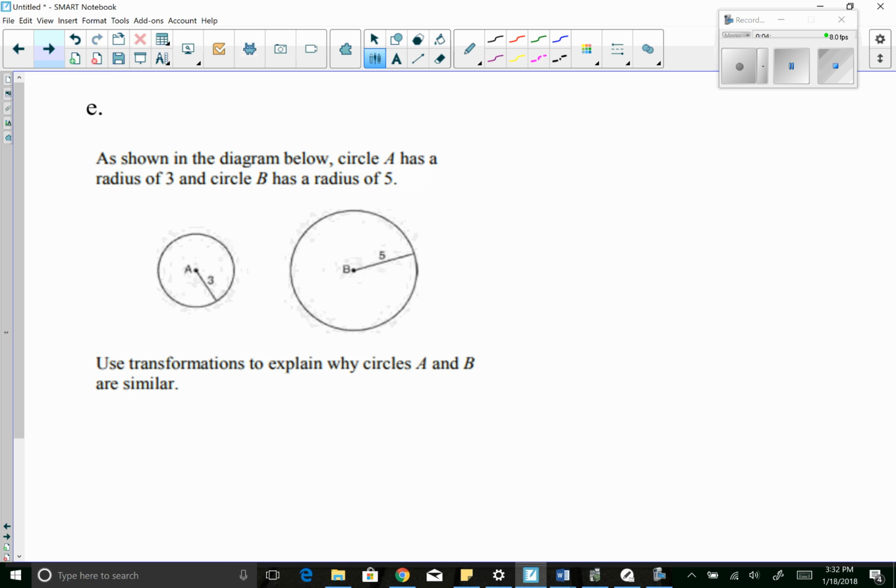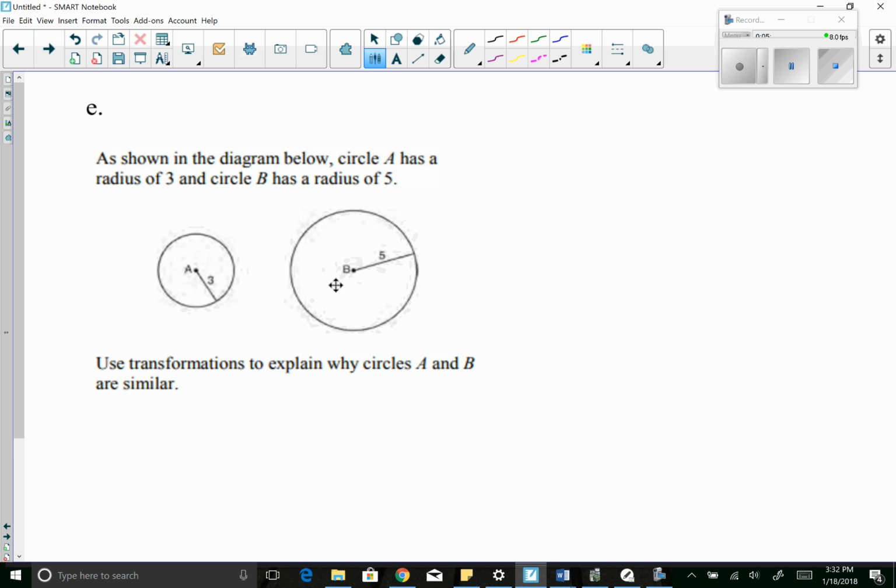Part E is kind of weird, and it's kind of having you think a little bit, which I know sometimes is hard for me to do on a homework question, but it's asking us to look at these two and see that these are going to be similar to each other. The reason why these are similar to each other is because there's only one segment to talk about.